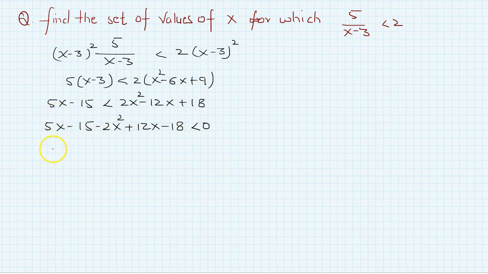So this is minus 2x square, then 12x and 5x is plus 17x, minus 18 minus 15 is minus 33, is less than 0. So I multiply both sides by negative, so it is 2x square minus 17x plus 33 is greater than 0.